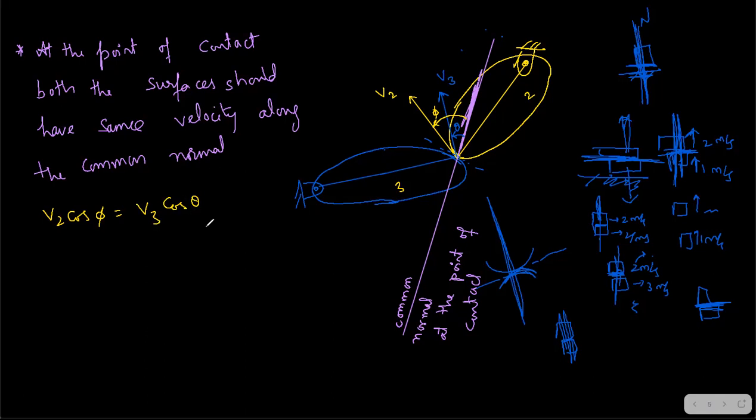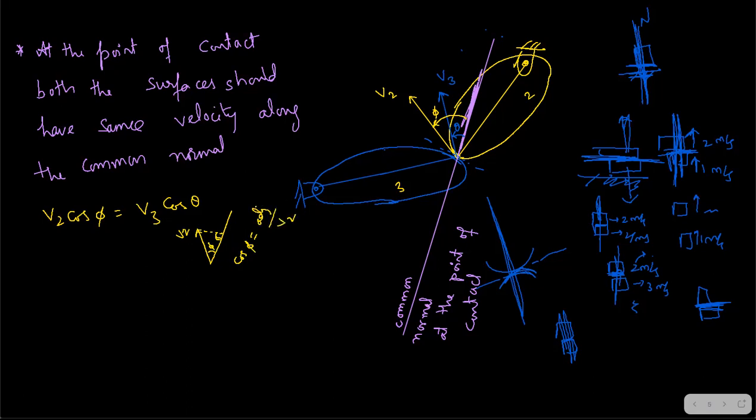Sir, how are you writing all these things? See, you can see this one, for example, is V2. We need to drop a perpendicular for the component, and this angle is phi. Cos phi is equal to adjacent side by hypotenuse.